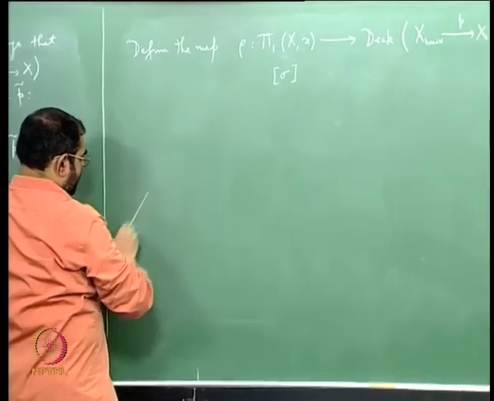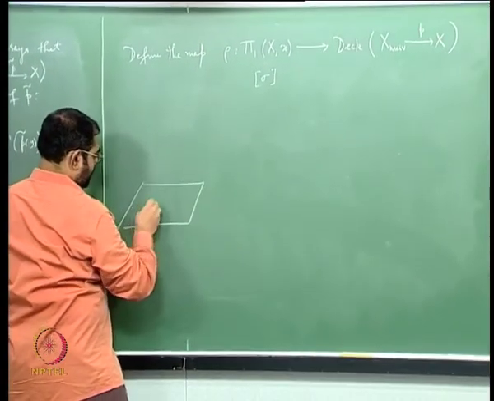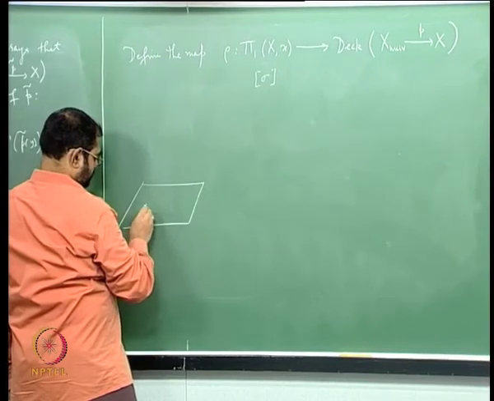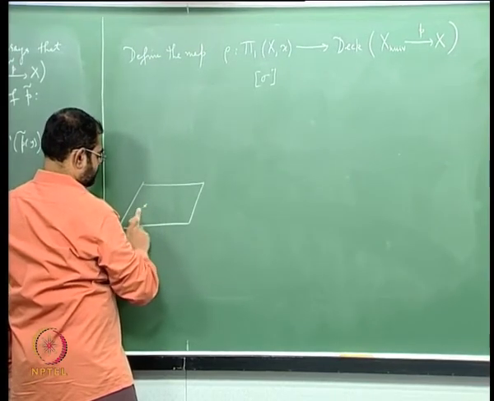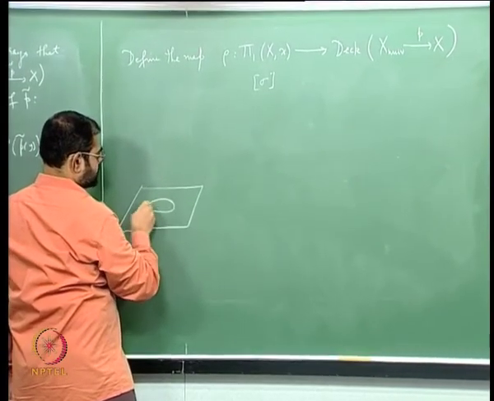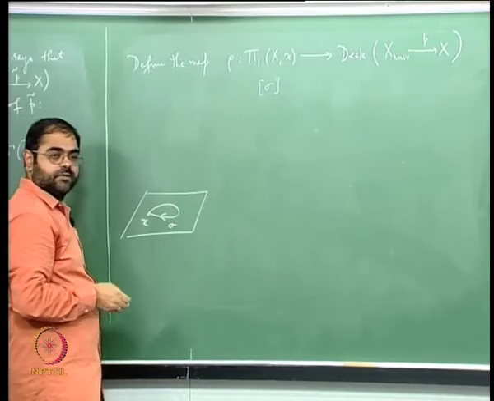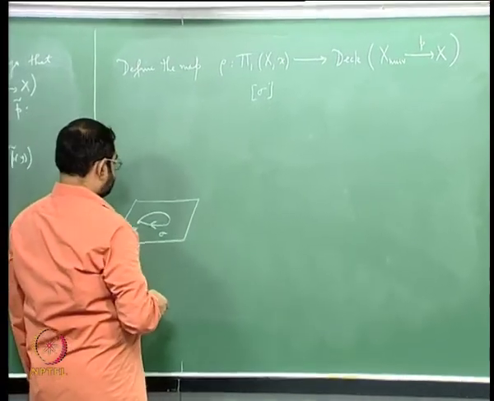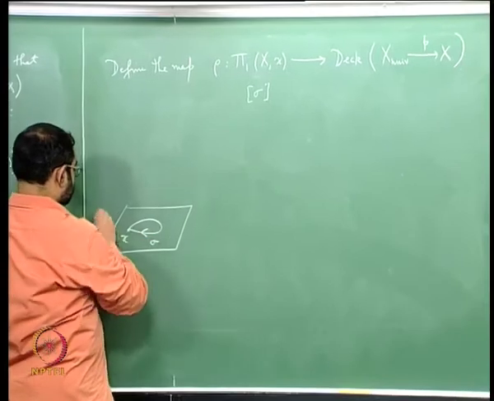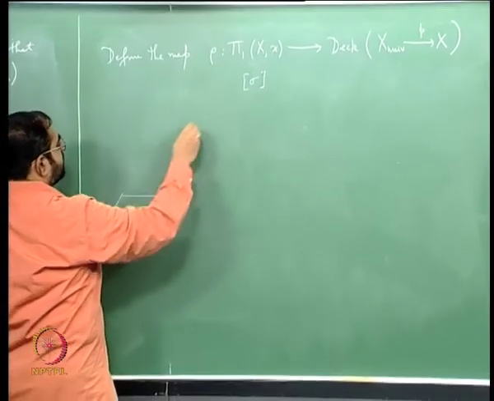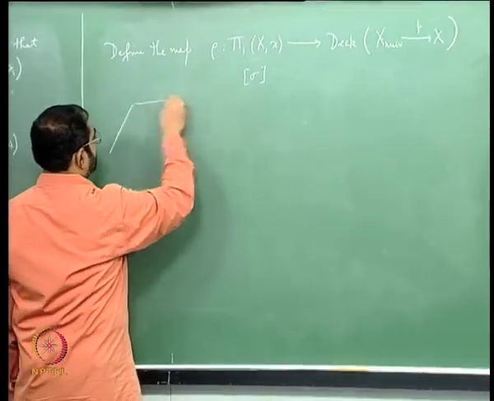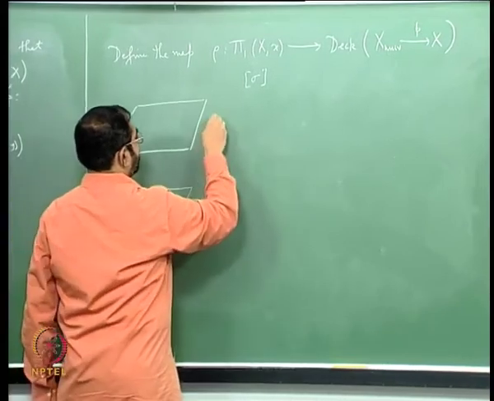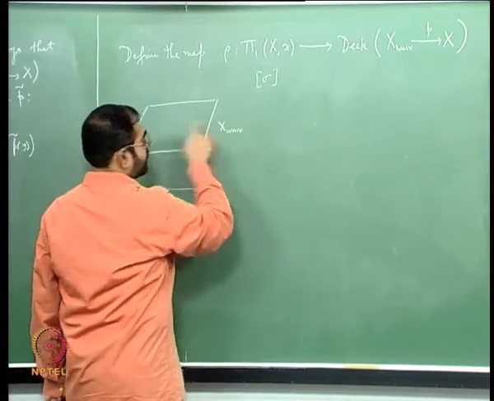Okay, so my diagram is going to look like this. So here is small x and here is my sigma. Okay, and what I am supposed to do is I have to give you a map from x univ into itself.